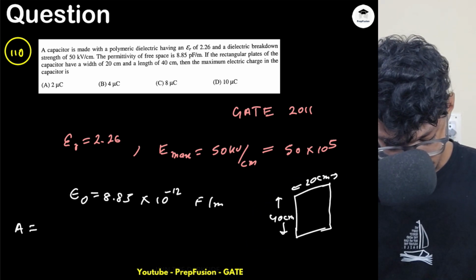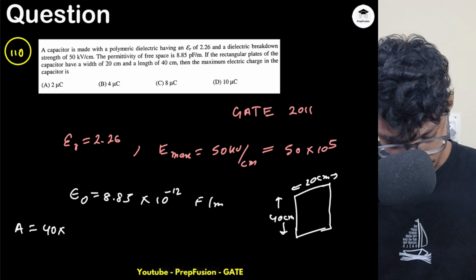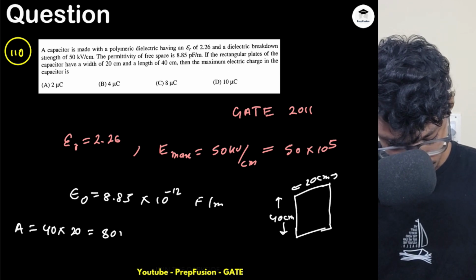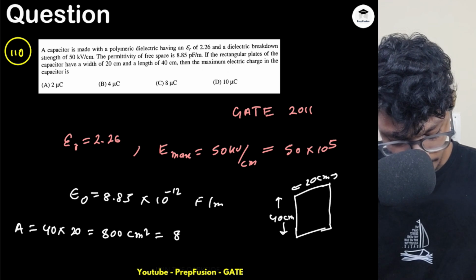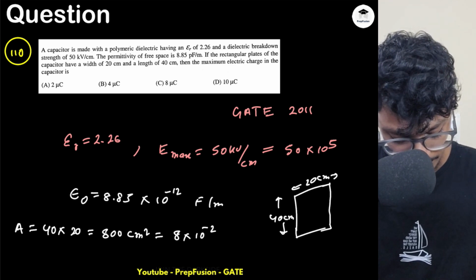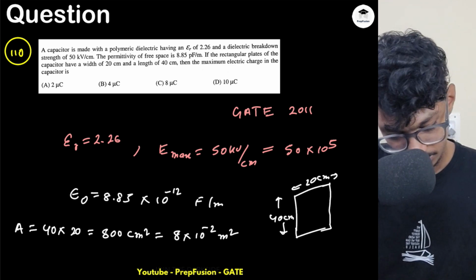Area will be simply 40 into 20, so it is 800 centimeter square, which in meters will be 10 raised to minus 2. So 8 into 10 raised to minus 2 meter square, okay.